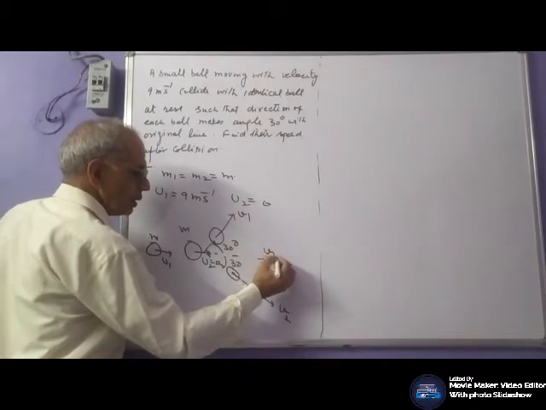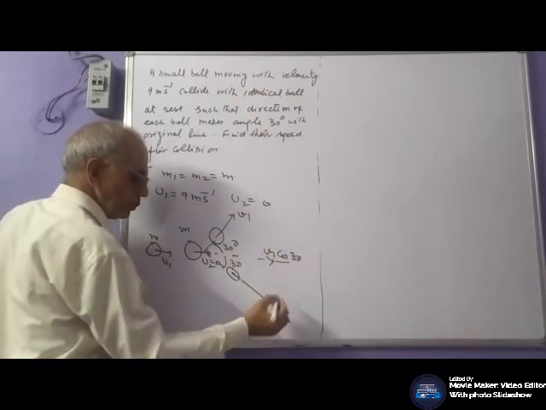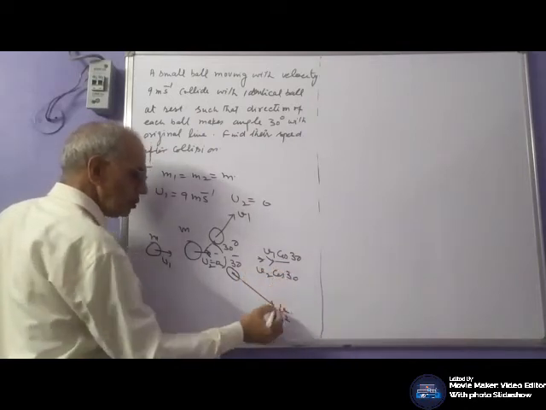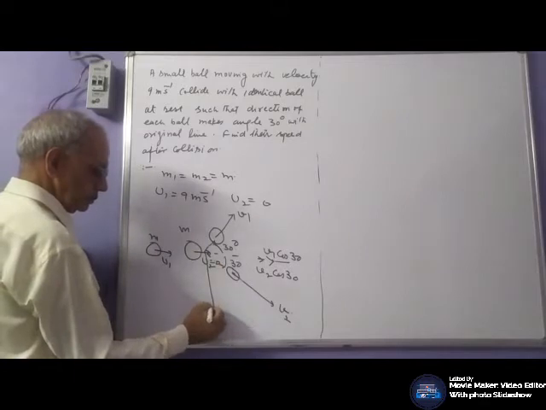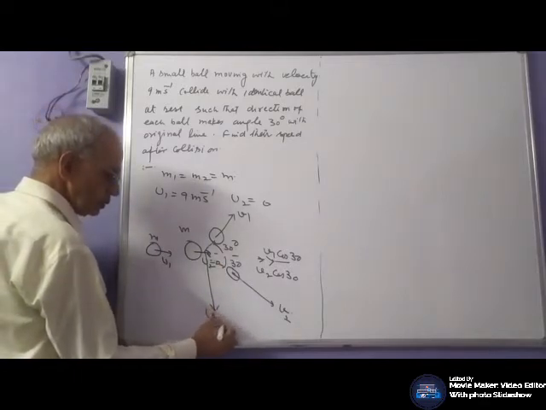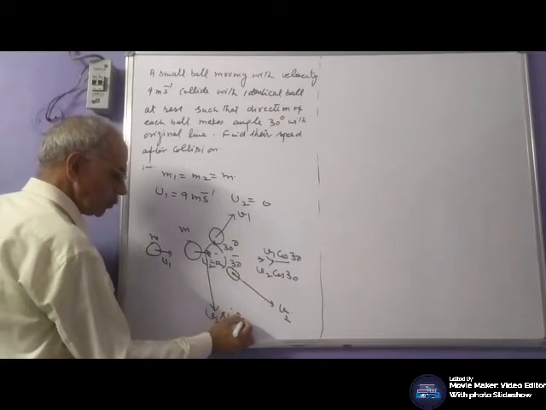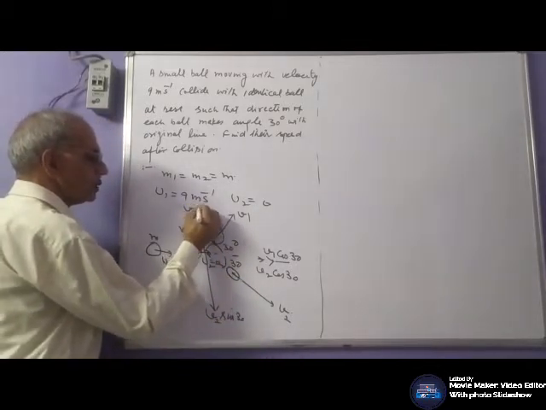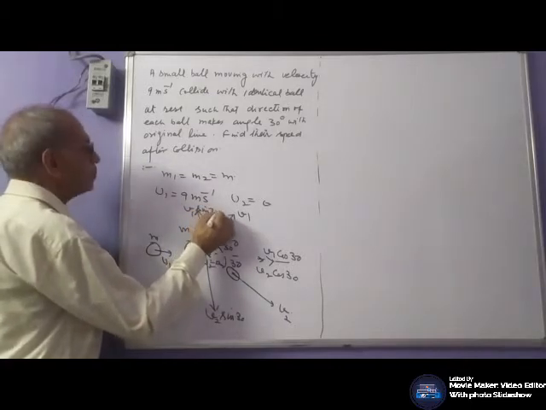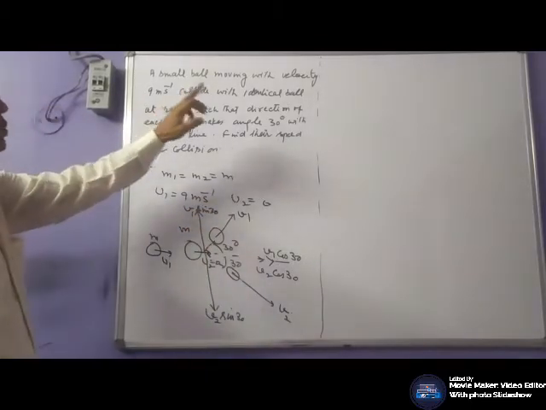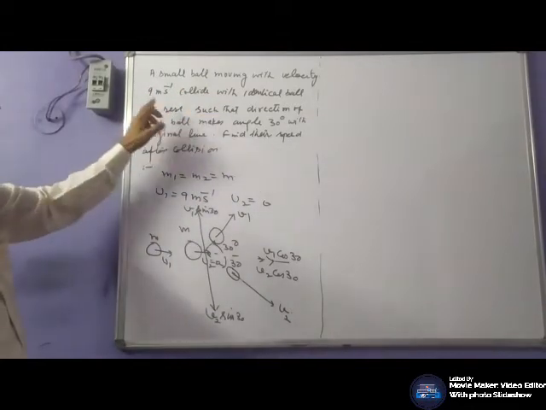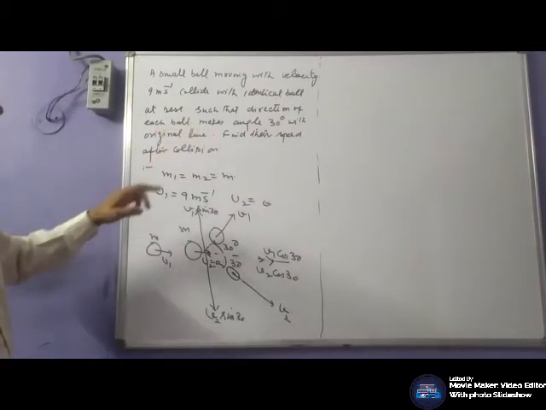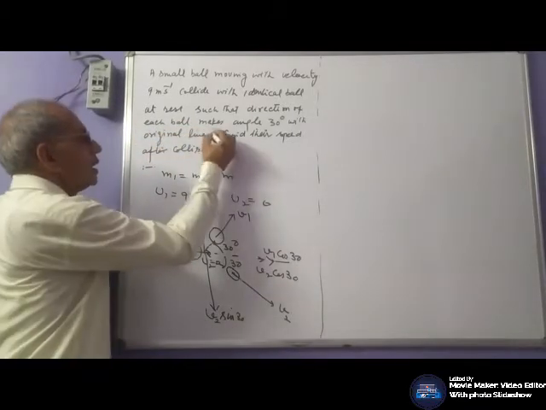Resolving, it is V1 cos 30 and V2 cos 30, and V2 sin 30 and V1 sin 30. A small ball collides with an identical ball at rest, such that the direction of each ball makes an angle of 30 degrees with the original line.